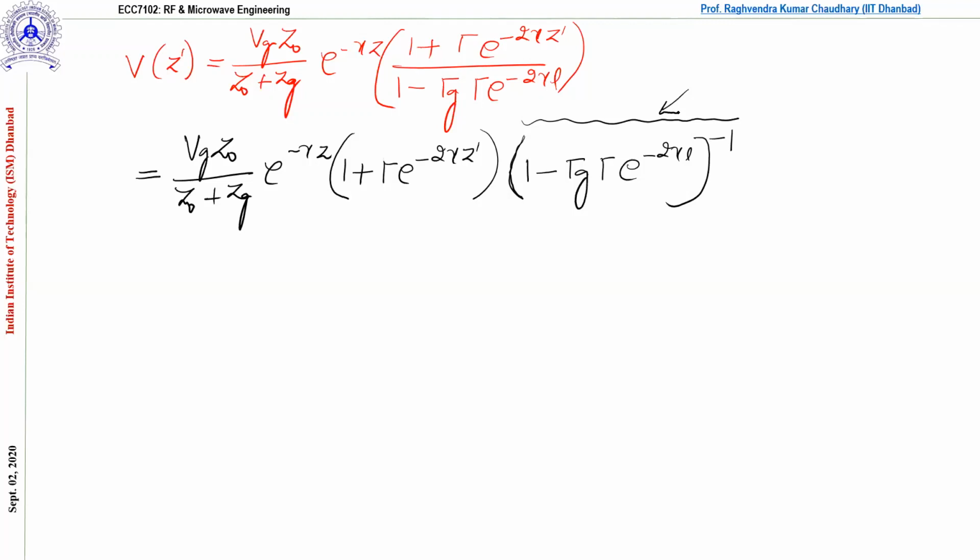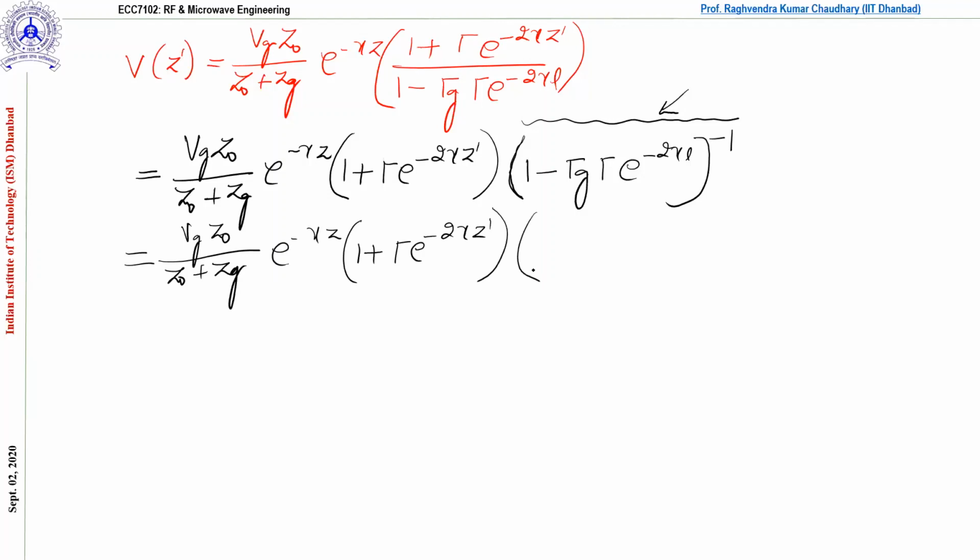So with this formula we can open it, and we can rewrite these things: Vz Z naught over Z naught plus Zz e to the power minus gamma z, 1 plus gamma e to the power minus 2 gamma z dash. And this term we have to open with the help of the binomial expansion, that series, if you recall.